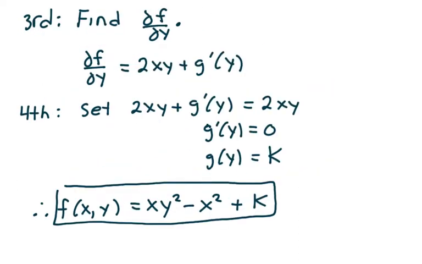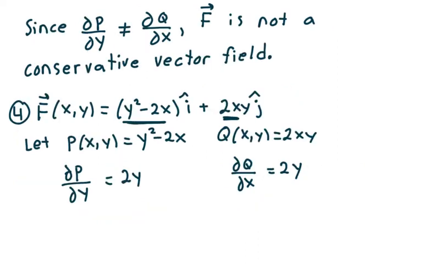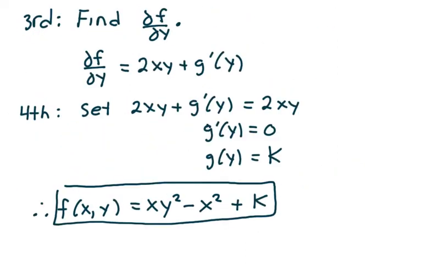So notice if I take the partial of f with respect to x, I get y squared minus 2x. And that's exactly what I'm supposed to get. If I take the partial of this function with respect to y, I get 2xy. And that's exactly what the second component should have been.